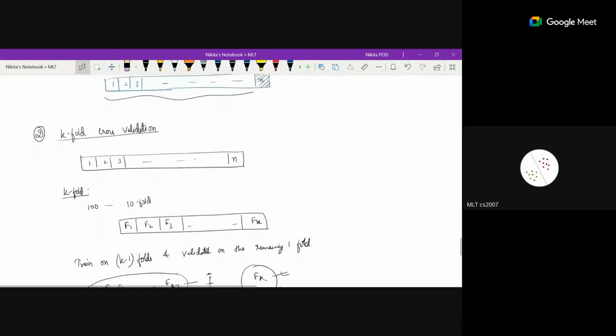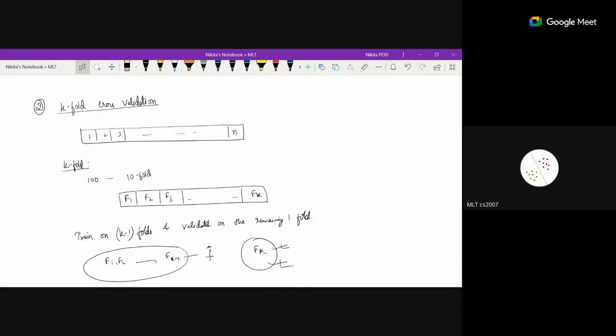In k-fold cross validation, in practice, usually 5-fold or 10-fold cross validation is what is used, and k-fold cross validation works better if you have a larger data set.